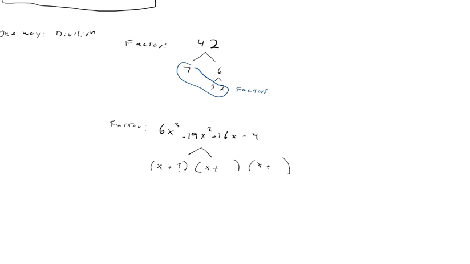And these somethings, these question marks, are going to be the factors. And the cool thing about polynomials is because there is a power of 3, I know that this is going to have 3 factors.